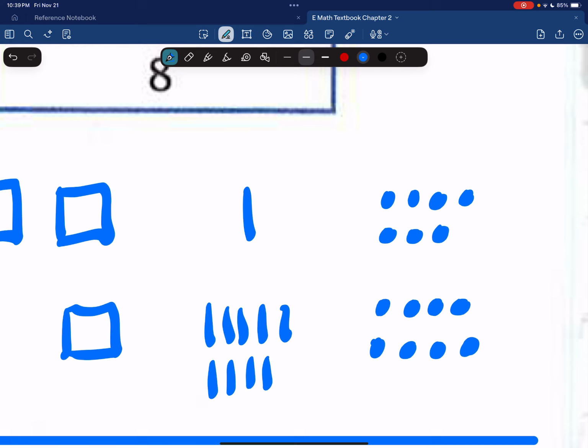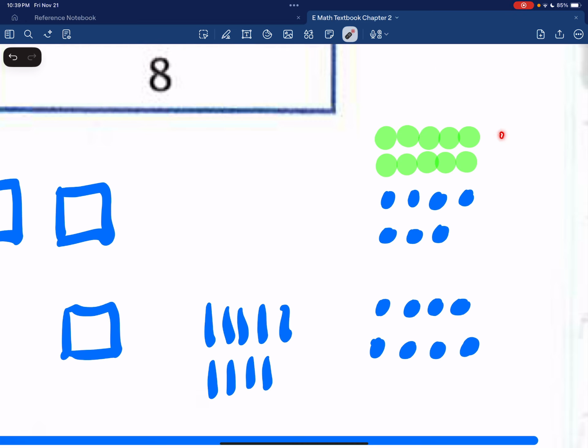So when you come over here, we're going to rewrite this one. Let me not make it so huge. This one will be rewritten as 10. And once you do that, it's no longer here. Okay, you rewrote it as 10.